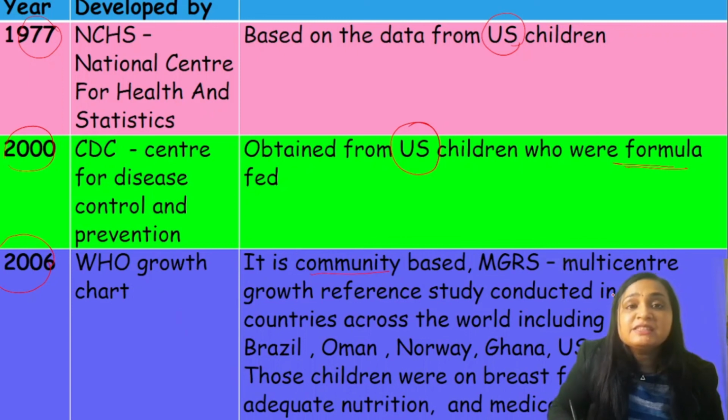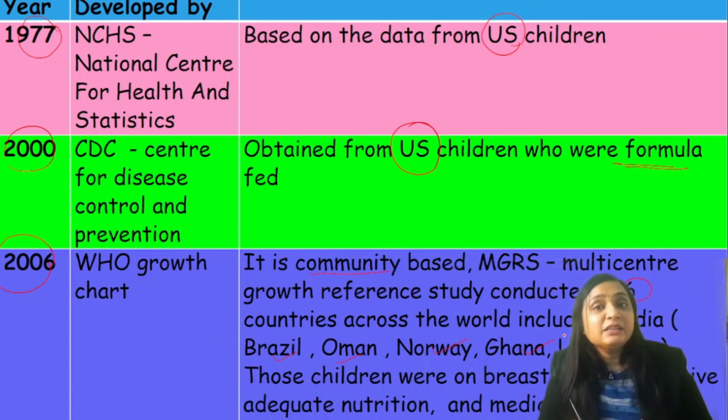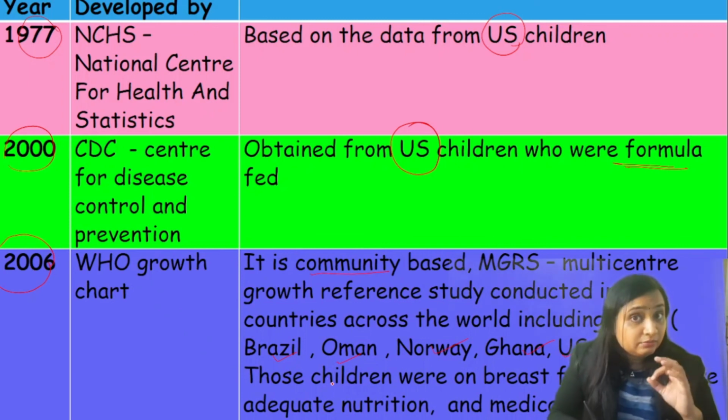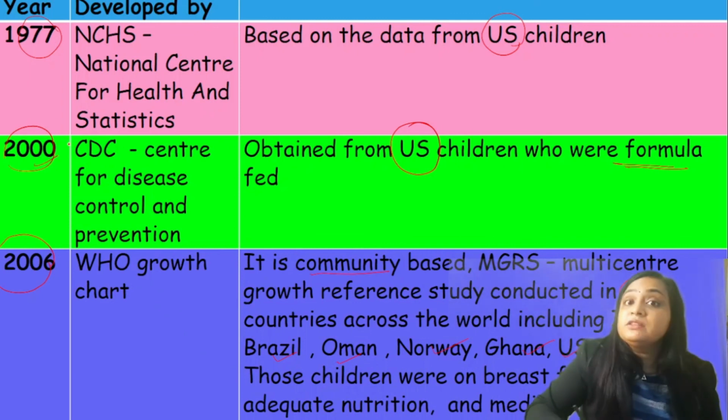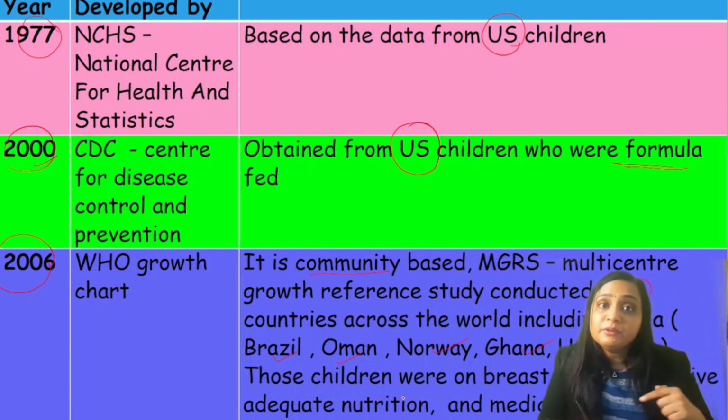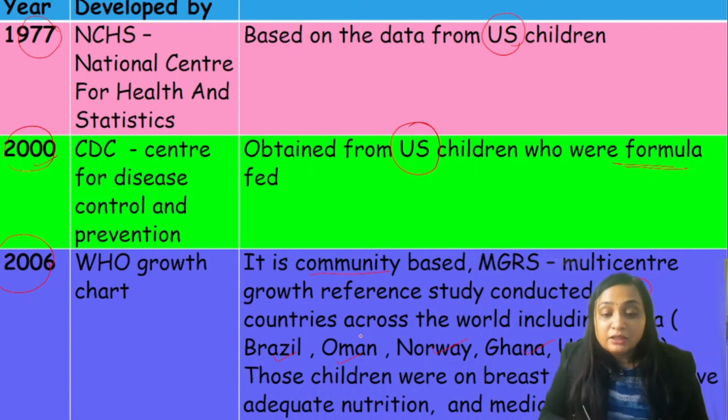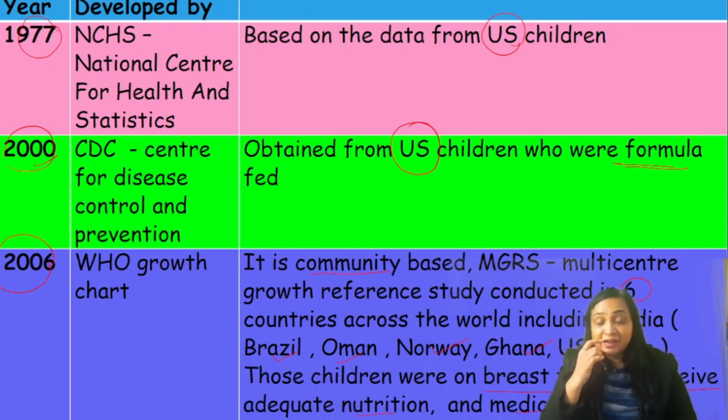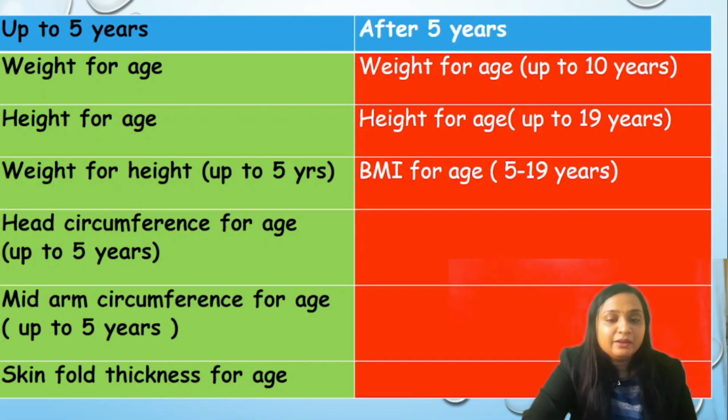It was conducted in 6 countries across the world: India, Brazil, Oman, Norway, Ghana and the US. In the 2000 chart, children were formula fed, but in this one the children were breastfed, received adequate nutrition as well as good medical care. So 6 countries, breastfed children, good nutrition and good medical care.